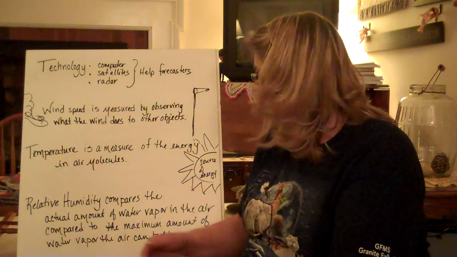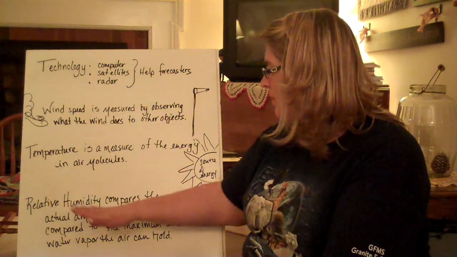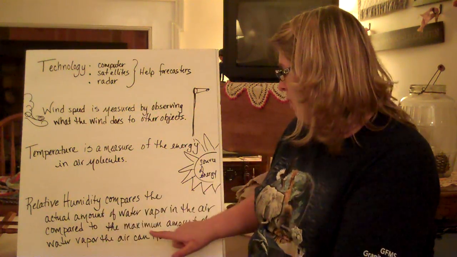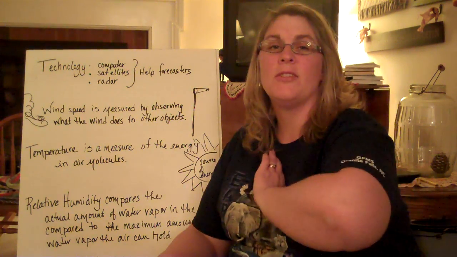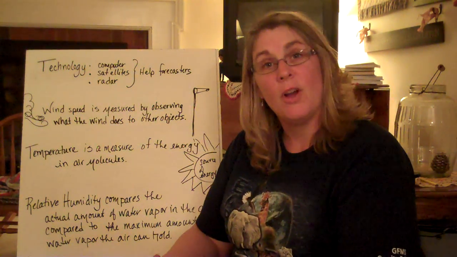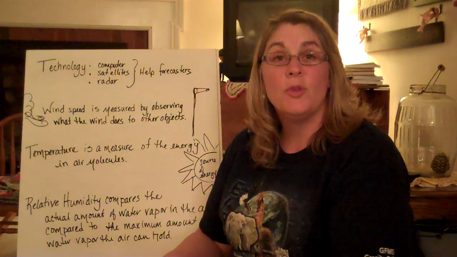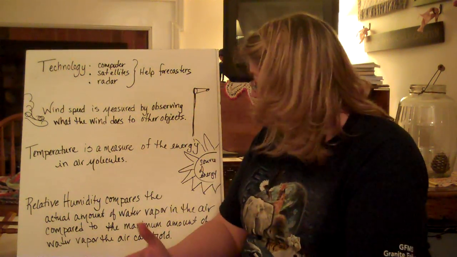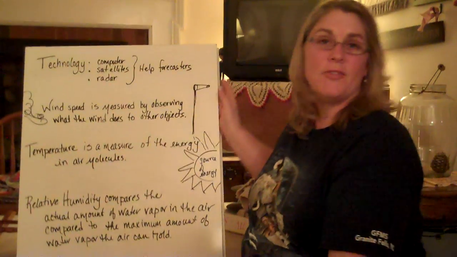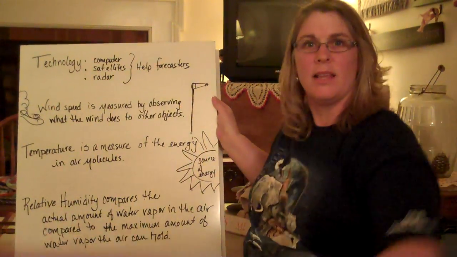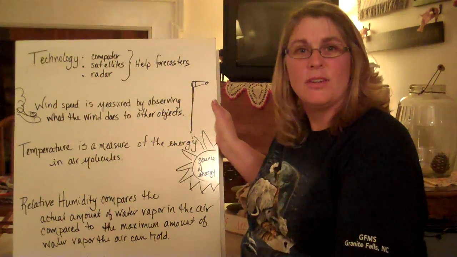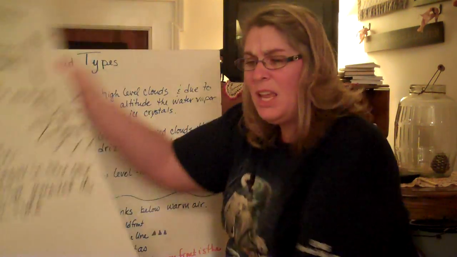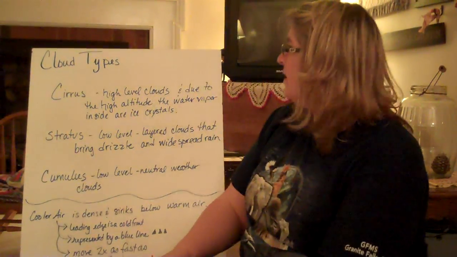It gets very, very humid. Actually, relative humidity compares the actual amount of water vapor in the air to the maximum amount of water it could hold. And we know that on those super humid days, it's hard even to breathe. There's so much moisture in the air. On the drier days, your hair ends up all staticky. So those things are kind of important to know, and you know about them from experience.